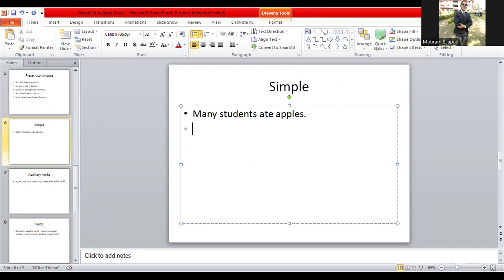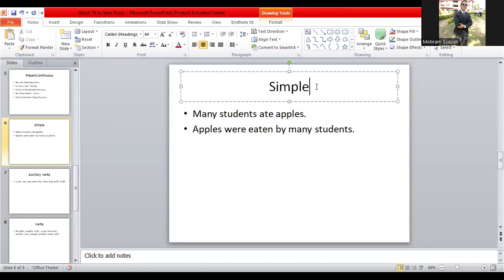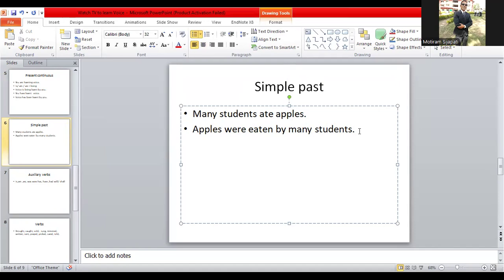Apples: is it singular or plural? Plural. Apples were eaten by many students. This is what tense? Simple past. It is not only simple, it is simple past. Okay.